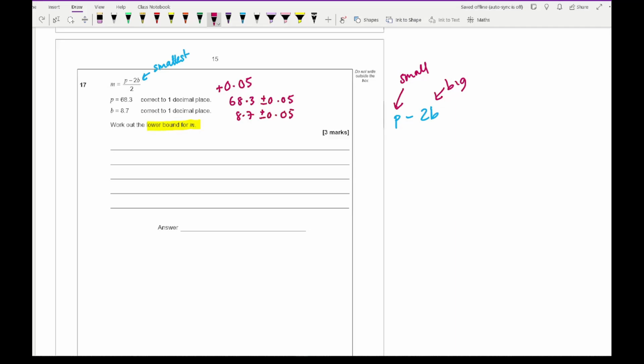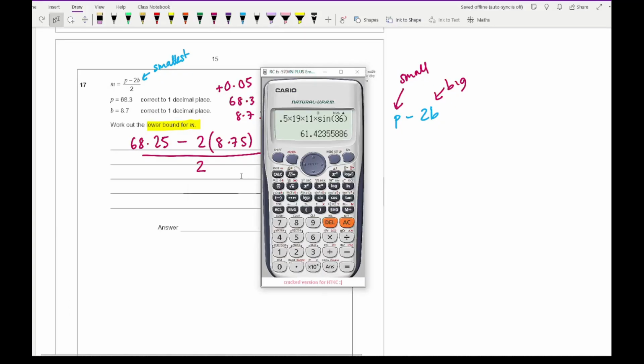Now for p to be its smallest, I'm going to be using 68.25 minus 2 lots of b at its biggest value, which is going to be 8.75, and that's all divided by 2. So if I put that into my calculator, I've got fraction 68.25 minus 2 lots of 8.75, all divided by 2. Press equals, and I get an answer of 25.375.